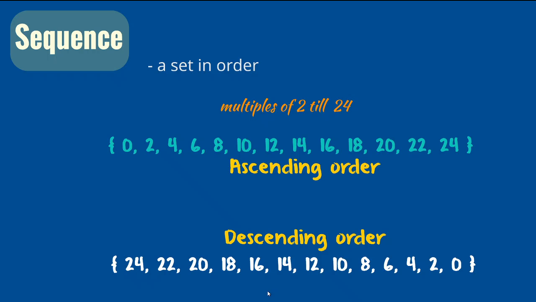When you put a set of numbers in some order, that is called a sequence. For a sequence, you cannot put curly brackets. When you have curly brackets, it's a set. When you don't have curly brackets and the numbers are separated by commas, it is a sequence.